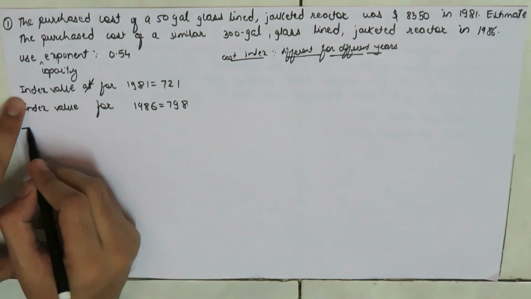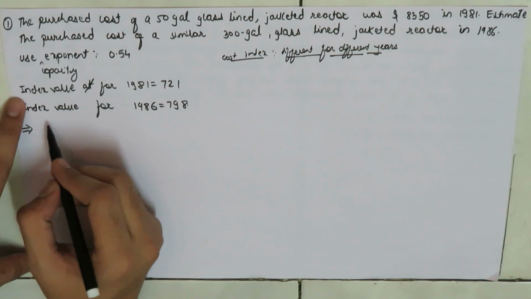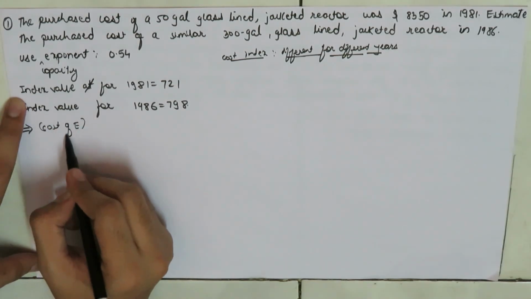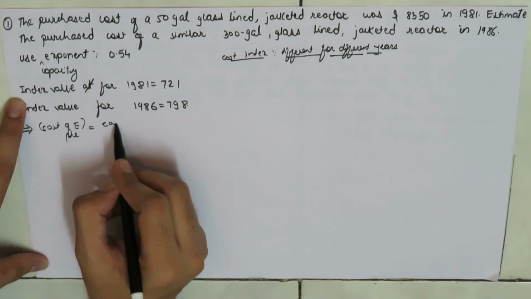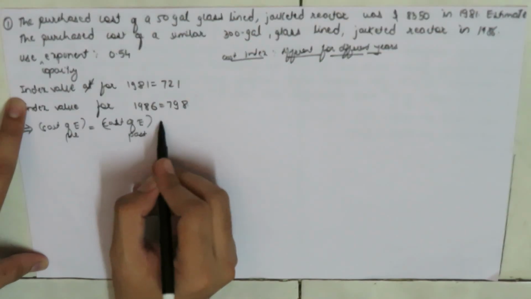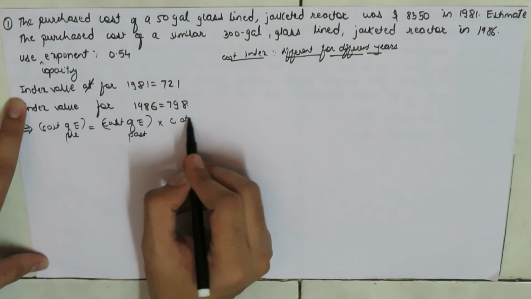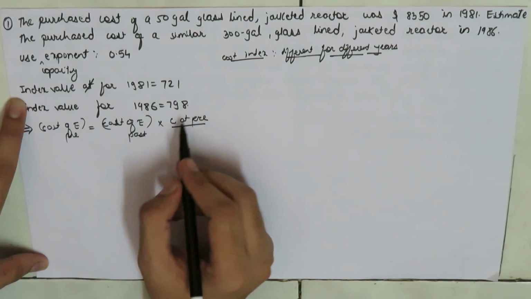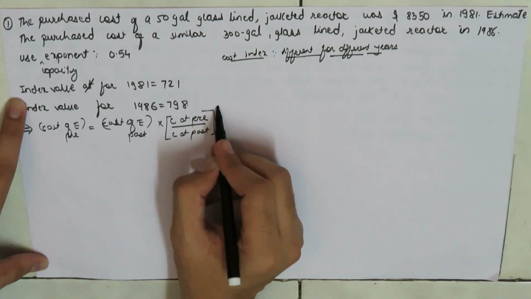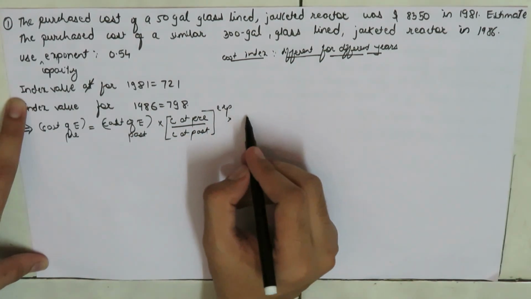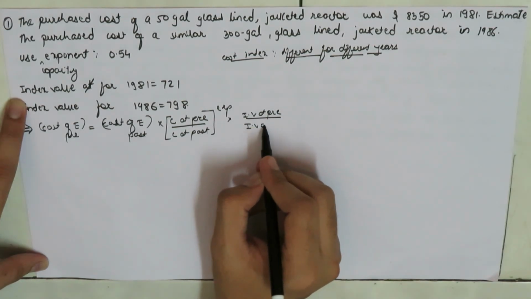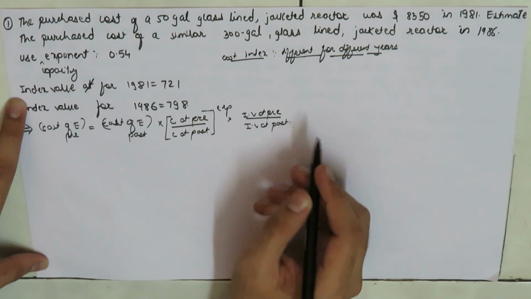So here we are going to use the basic expression. The cost of equipment at present is equal to the cost of equipment at past times capacity at present over capacity at past to the power of the capacity exponent, times the index value at present divided by the index value at past.